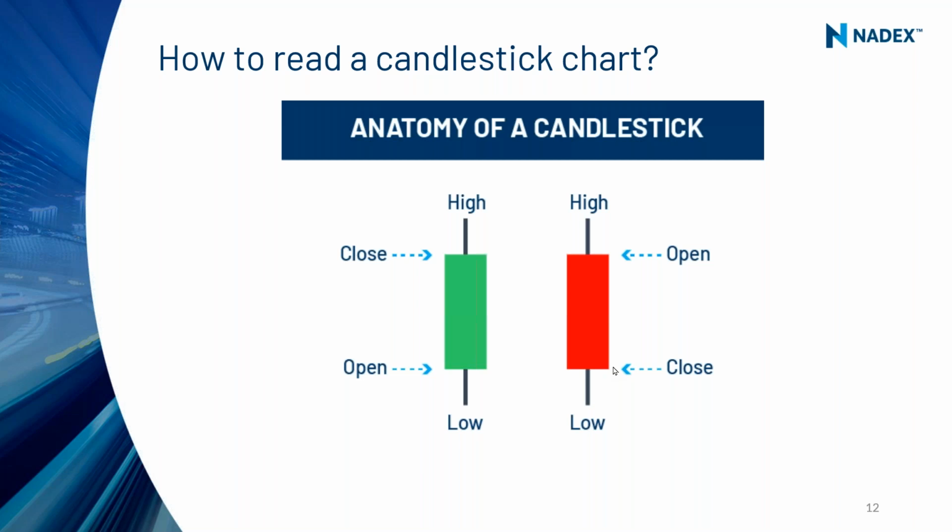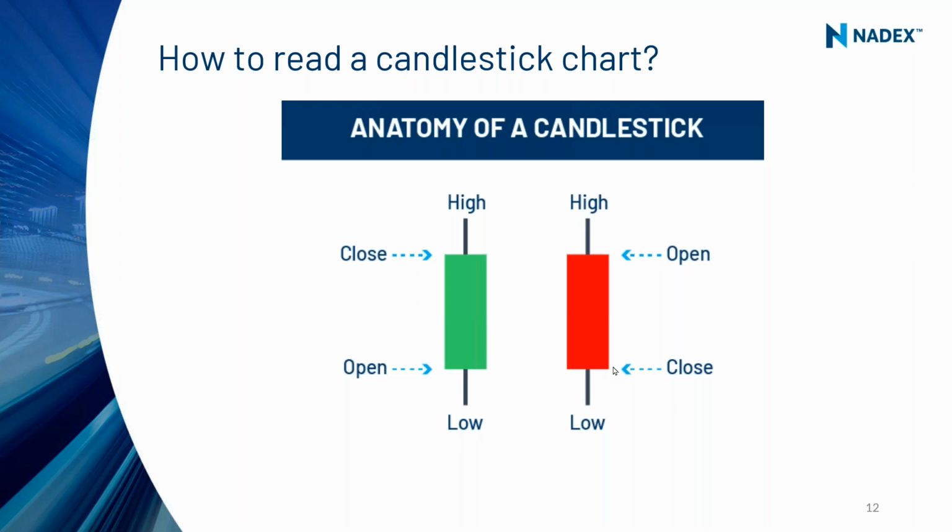I could set it to 30 minutes, and that candle will then represent a 30-minute time frame. And then I know during that 30 minutes what the high, the low, and the open and the close were based upon the shape of the candle and its color. So you get a lot of information.